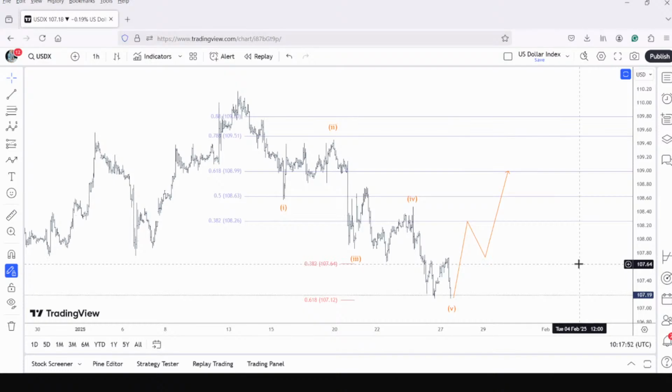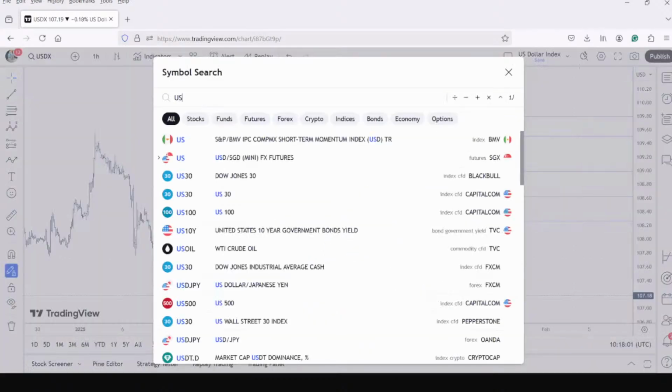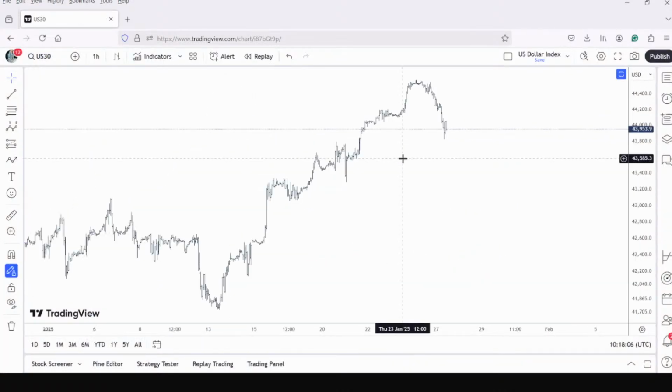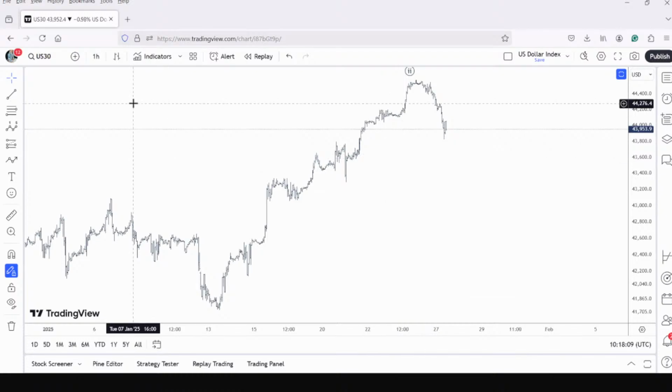So that's the story for the dollar index, and as discussed the last time, Dow Jones, we will actually be able to see more clearly, but I think futures should be on right now.